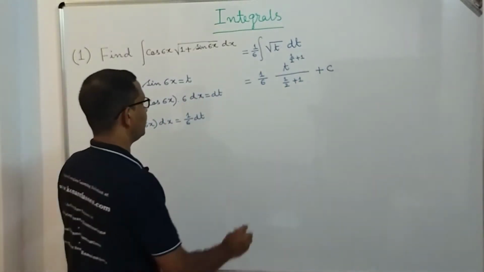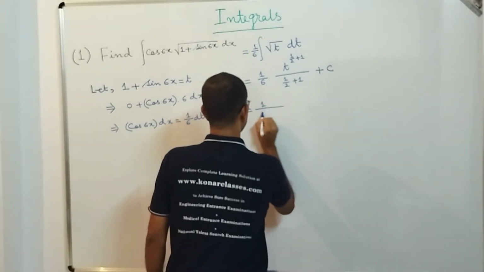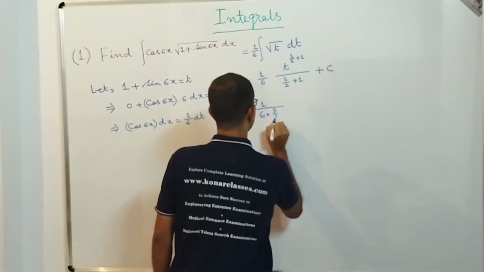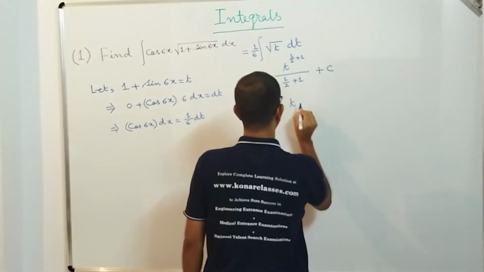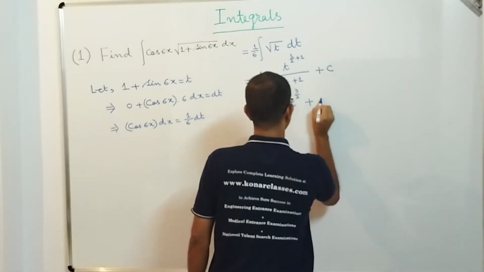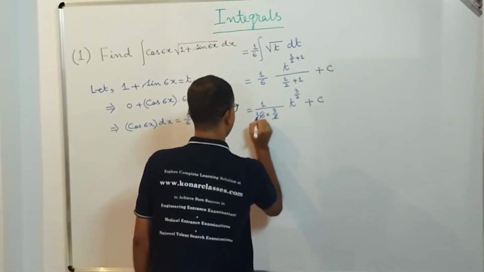So what we get here, dear students? We get 1 by 6 into 1 plus 1 by 2, that is 3 by 2, into t to the power 1 by 2 plus 1, that is 3 by 2, plus c. So this 2 and 6 got cancelled, and here we get 3.